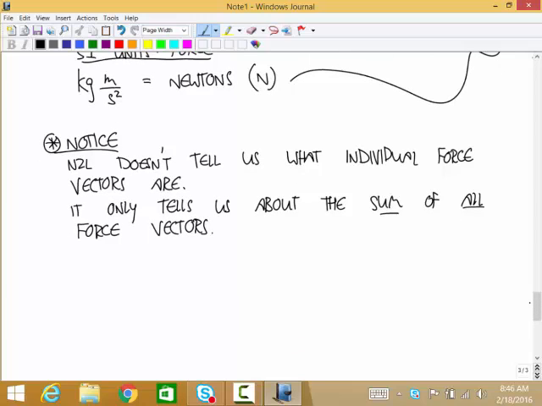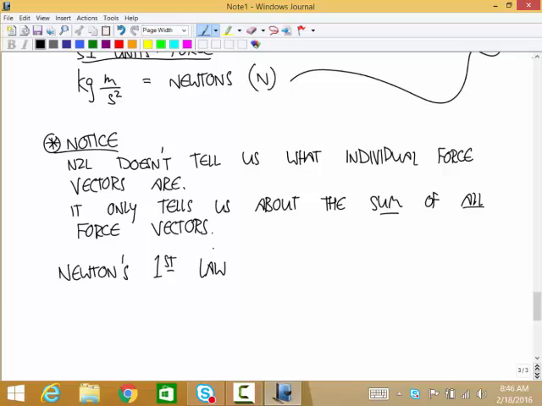So I jumped right into Newton's second law, which I said is the most important equation in this class. It makes you wonder what Newton's first law was, you know? Why is Newton's second law so much better? Well, Newton's first law is a perfectly good law.